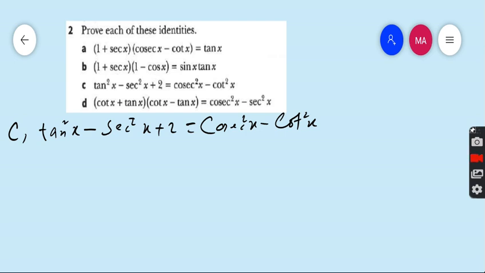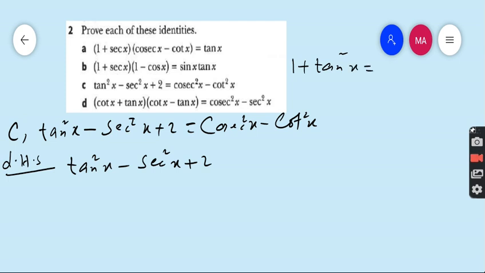For that type of question, we have to take both sides one by one. So first I am taking the left hand side: tan square x minus sec square x plus 2. You know, 1 plus tan square x is equal to sec square x.